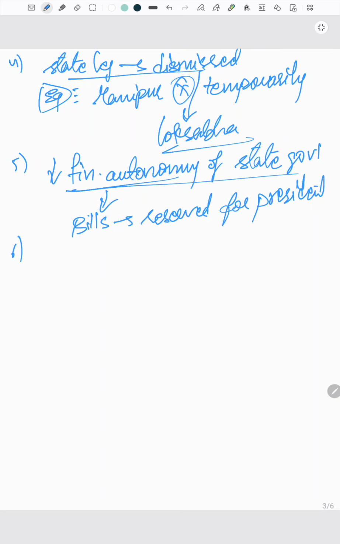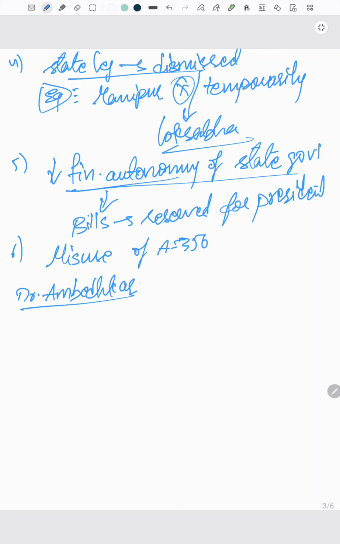After that we'll have a sixth point. What is the sixth point? See, the negative impact is a lot of misuse of Article 356. As Dr. B.R. Ambedkar had told, it is more like a dead letter, but many political leaders have made it a deadly weapon.